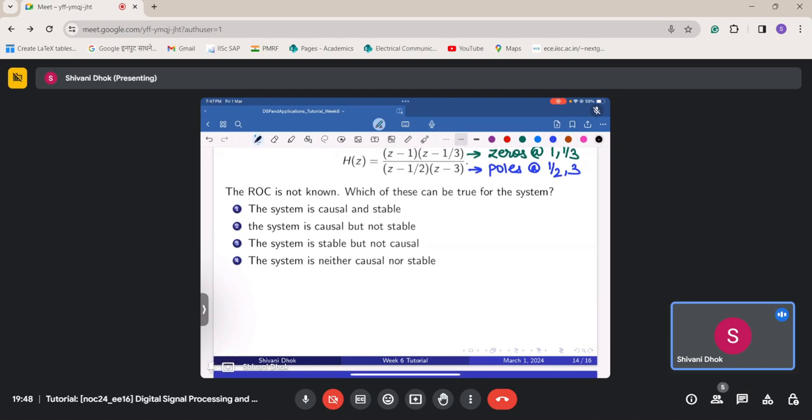So let me draw it. Let me also draw a unit circle here, just for reference.